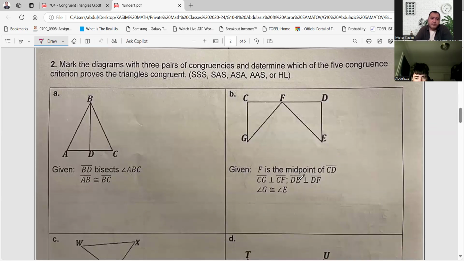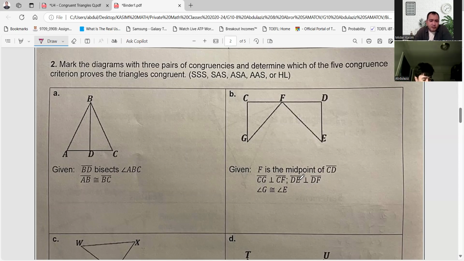Question two. Mark the diagrams with three pairs of congruences and determine which of the five congruence criteria proves the triangles congruent.